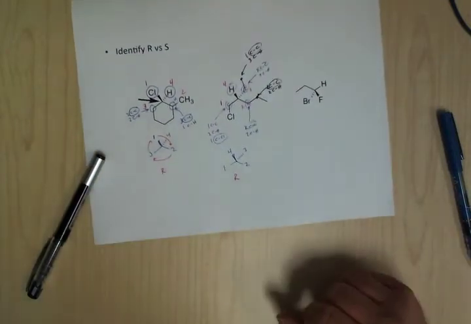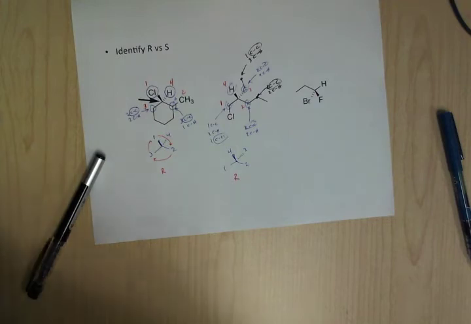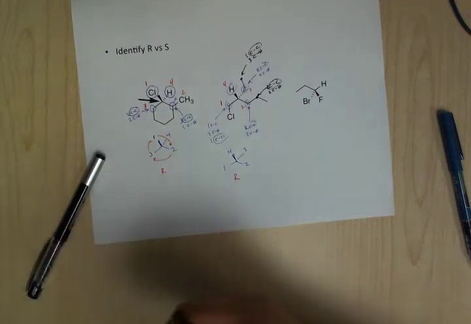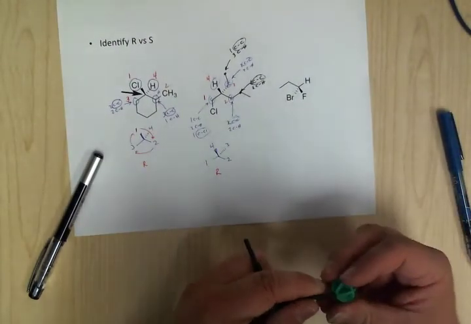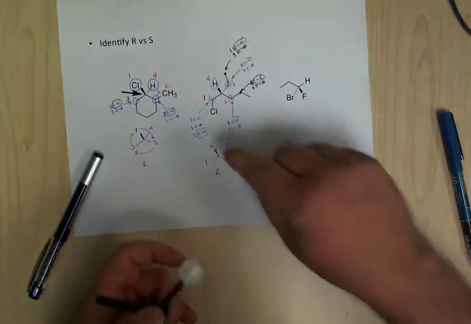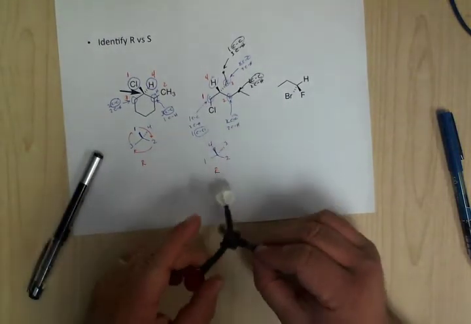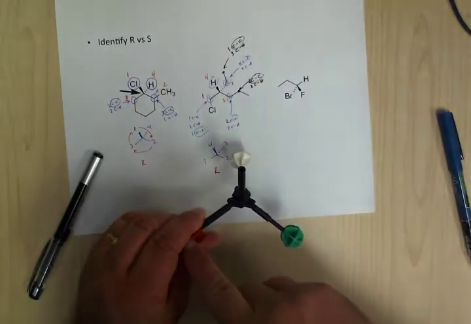Now let me see if I can get a model kit here. If you want to do the steering wheel method, you're going to have to rotate this 4 to the background. So 4 is coming at you, 3 is behind, 1 is over here, 2 is here.